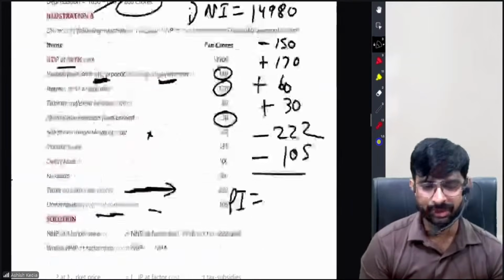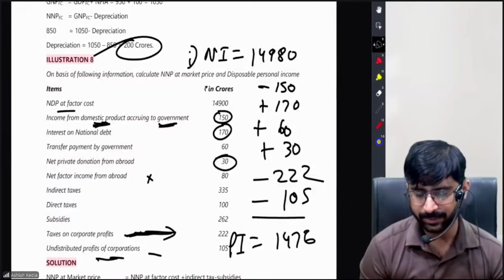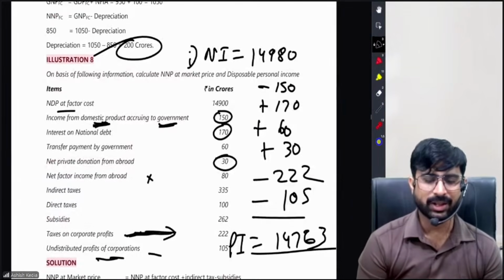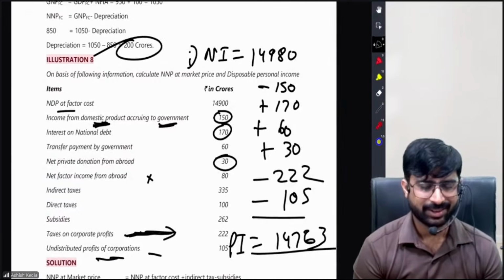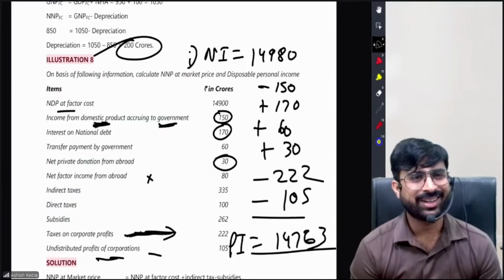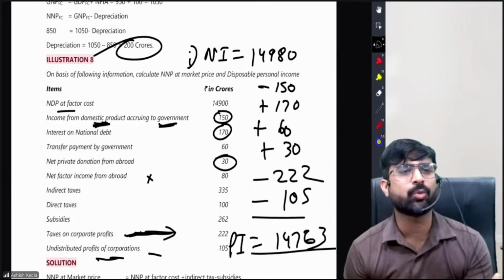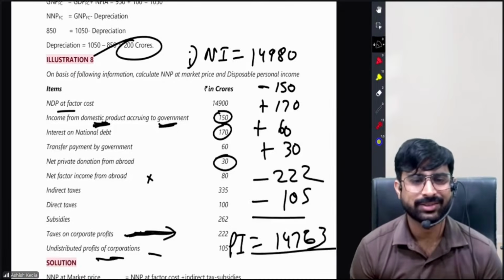Students, 14763 is what most of you should get. Personal income. You understand the logic, na? You add what you get, you deduct what you don't. Game over.